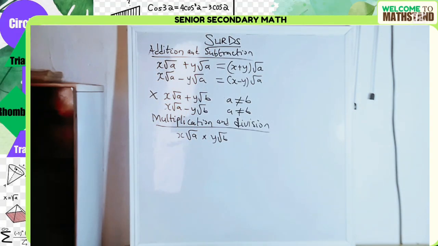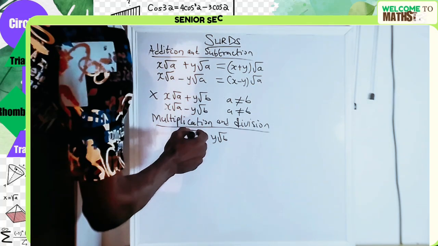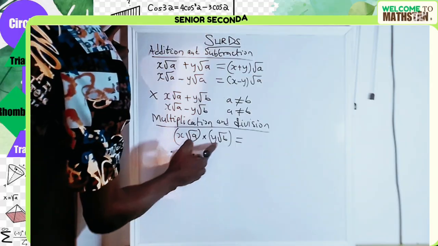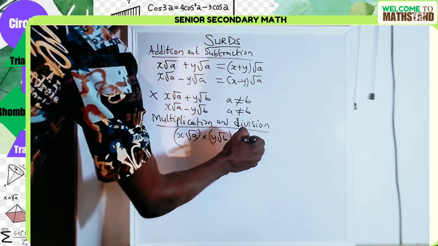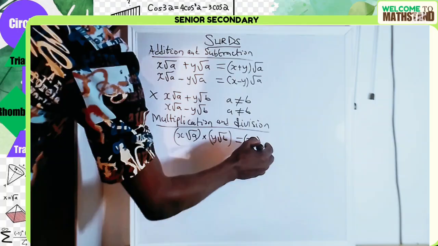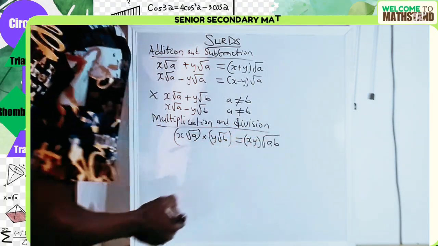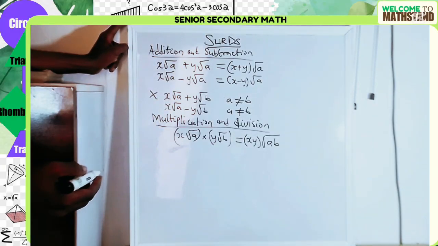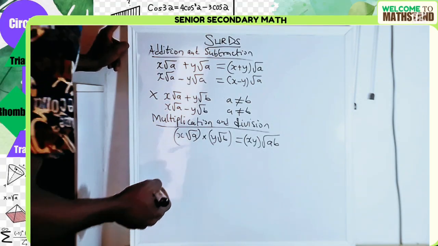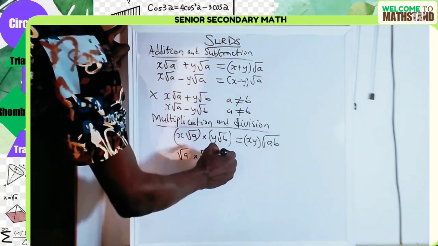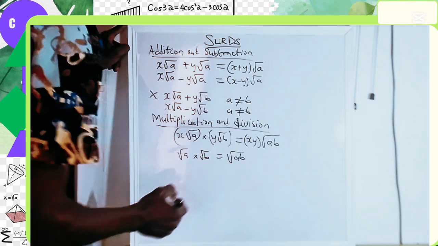For multiplication, the coefficients multiply themselves, that will be xy, then √(ab). So √a times √b is equal to √(ab).